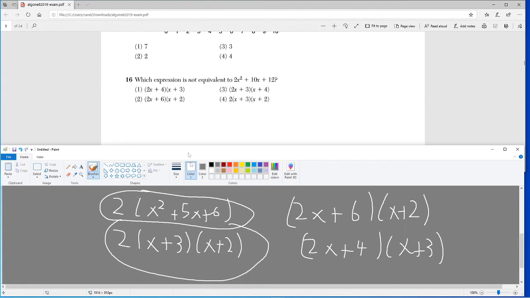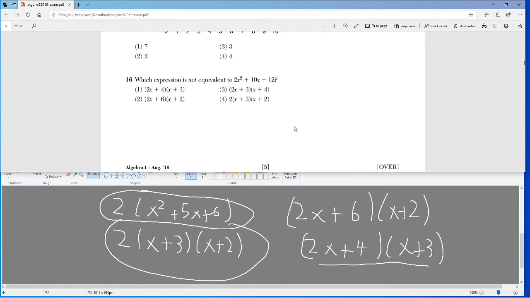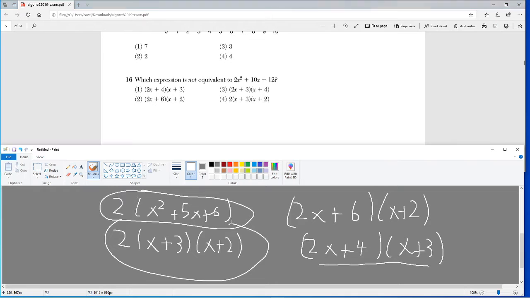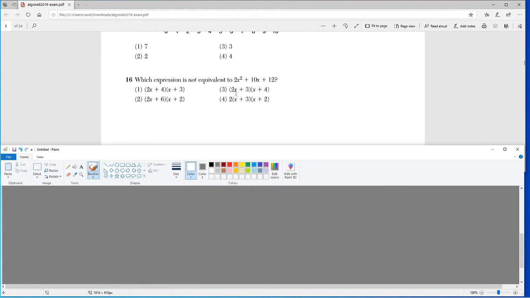So let's see which one doesn't match. 2x plus 4 times x plus 3. This is good. Number 1 is equivalent to the expression. 2x plus 6 times x plus 2. Number 2 is good. Number 3, 2x plus 3. We don't have a 2x plus 3 here. So choice number 3 is not equivalent to this. And we can see that, because if we were to distribute this, 2x plus 3 times x plus 4, we get 2x squared plus 8x plus 3x plus 12.